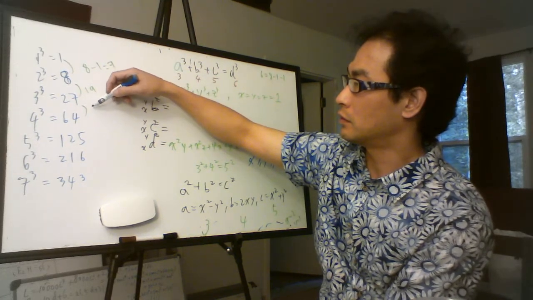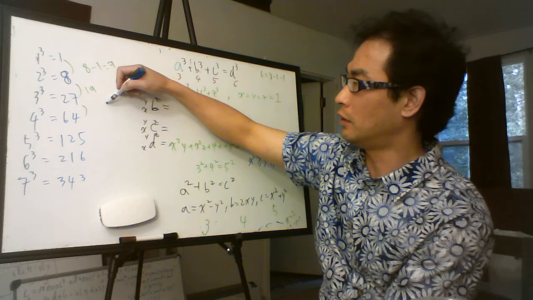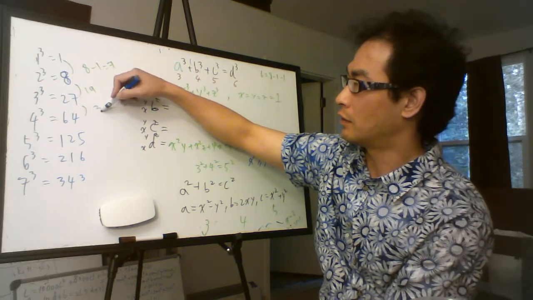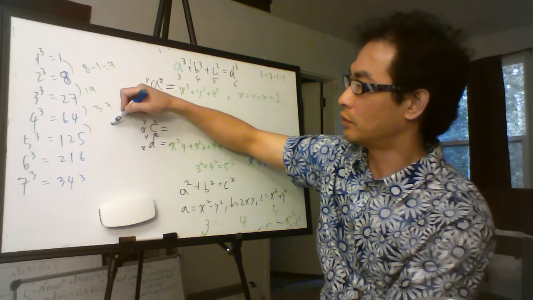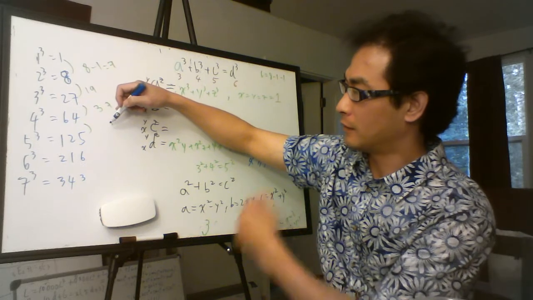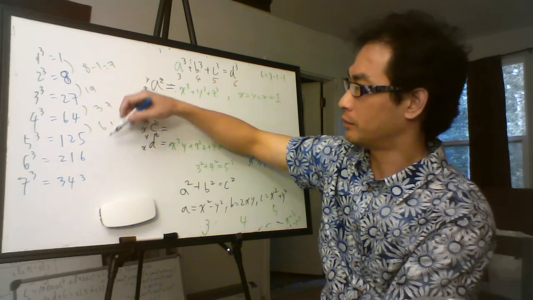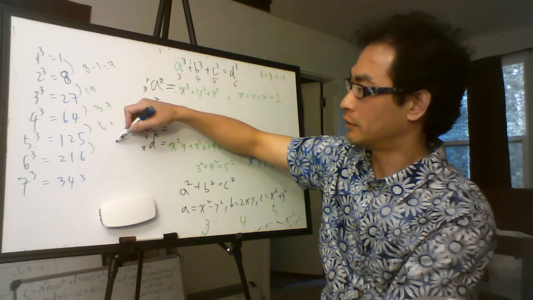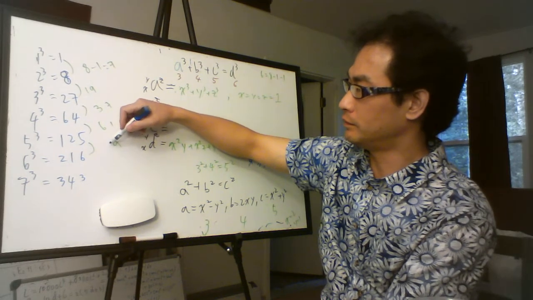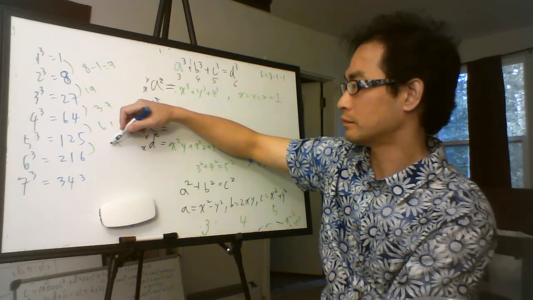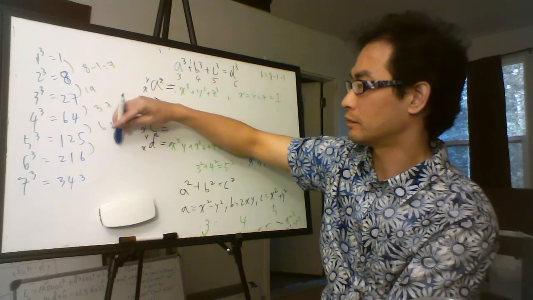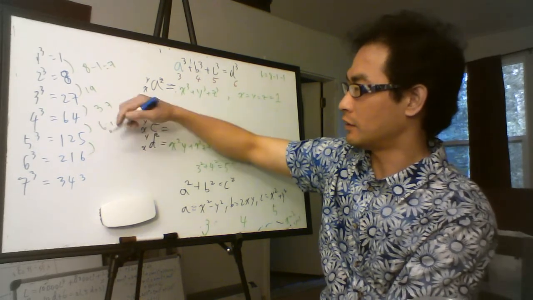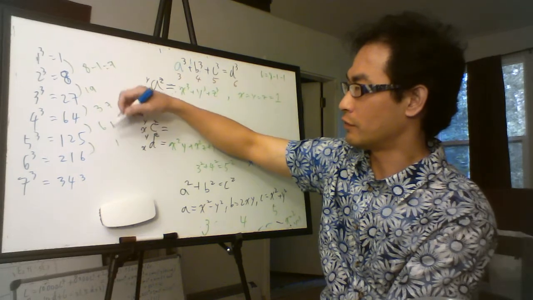Subtract 37, subtract your 1, and then what? 61. Subtract 9. No. You're subtracting in opposite ways. That's why it's so confusing.